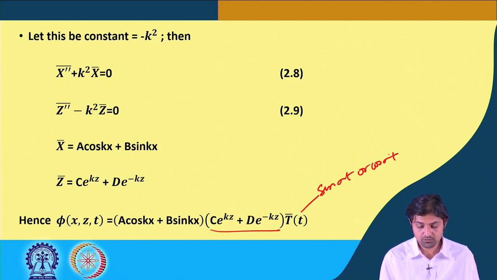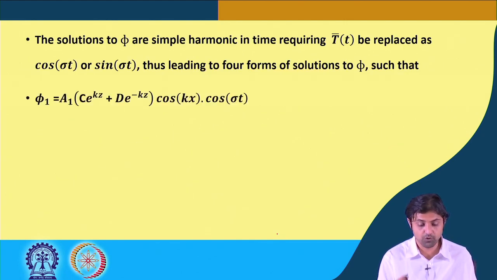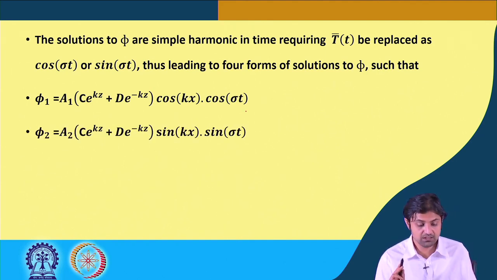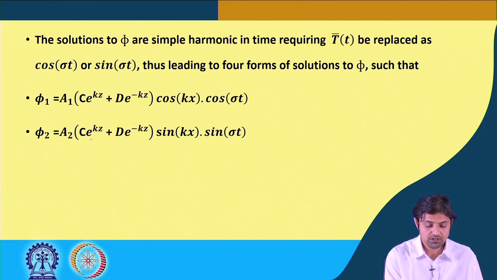There are going to be 2 terms when we assume T as sin sigma t after multiplication with this, and 2 other terms if instead of sin we assume cos sigma t. So, in total we can write 4 terms. Phi 1 will be a1 into c e to the power kz cos kx cos sigma t. Another would be a2 c e to the power kz plus d e to the power minus kz, sin kx sin sigma t.